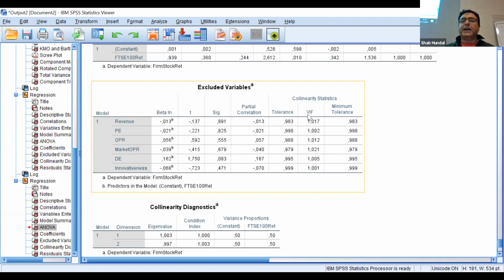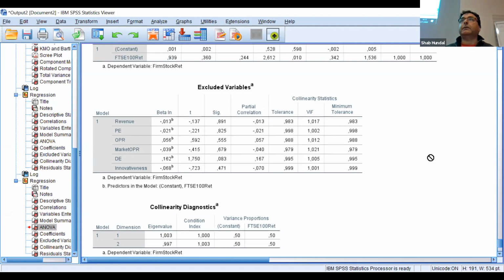But I would look at VIF, the variance inflation factor, which means how much correlated your independent variables are. Ideally, we want each independent variable to be highly correlated with the dependent variable. But if our independent variables are correlated with one another, that's not a good thing.